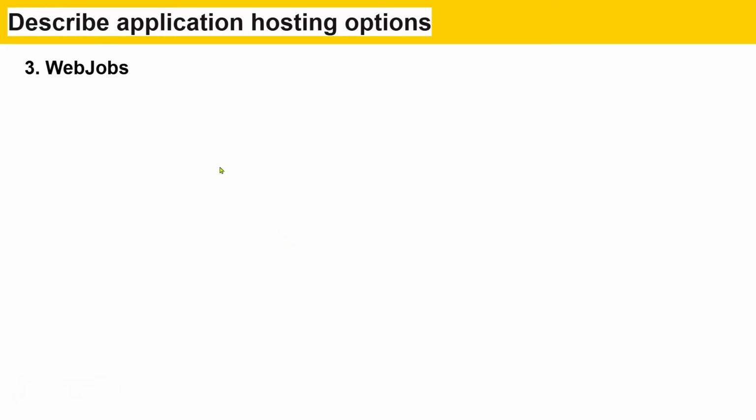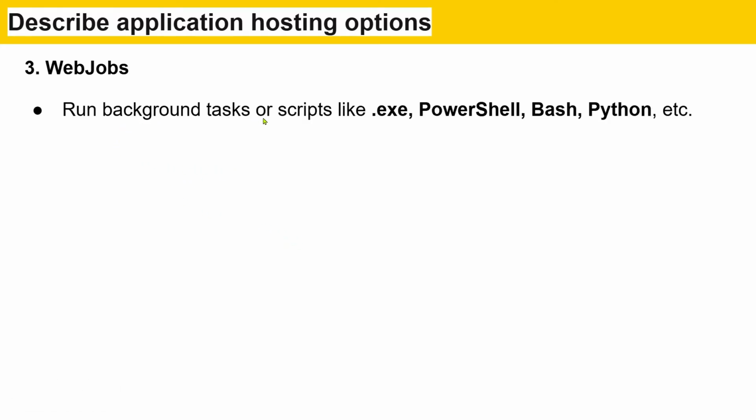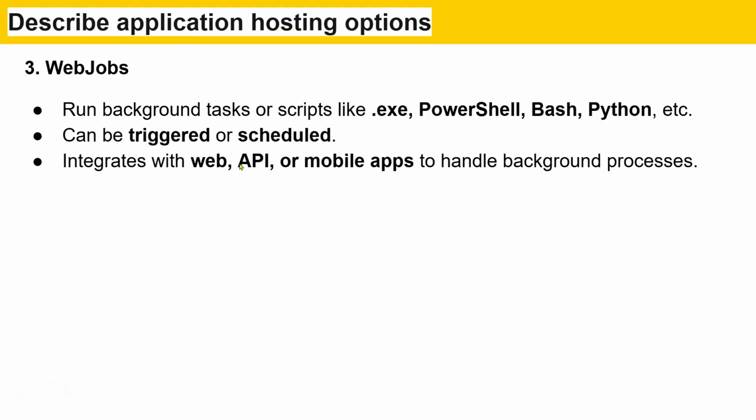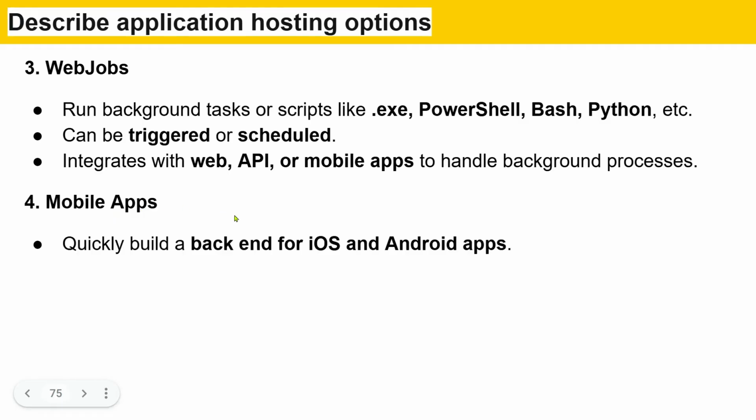Similarly, web jobs: you can run background tasks or scripts like .exe, PowerShell, Bash, Python. These are the different features, good to know. They can be triggered or scheduled, and integrate with web apps, APIs, and mobile apps to handle background processes. Another feature is mobile apps: quickly build a backend for iOS and Android apps.